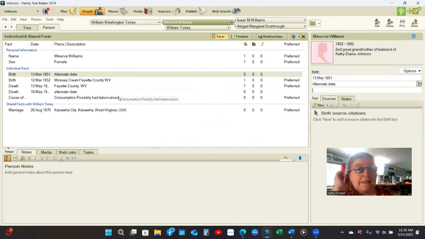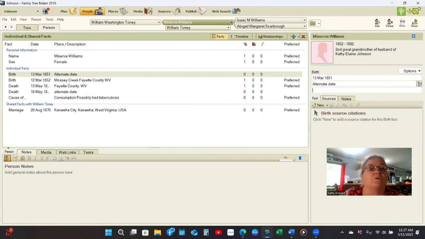When we can find something legitimate, like a death certificate or a birth certificate that has that on it, then you can change them. This is information that we got from a gravestone. Although that's as close as you can come right now, because it does not go with the information that I have, I'm going to put it in as alternates. That way, if I find an official piece of paper showing this is correct, then I'll take the other one out.